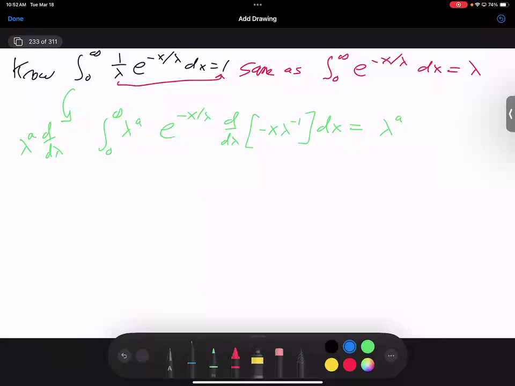As an aside, if you want to have some fun with a Calc 1 student, find the derivative of x times the natural log of 5. A lot of Calc 1 students will use what rule? Product rule. It's the constant rule. The natural log of 5 is a constant.